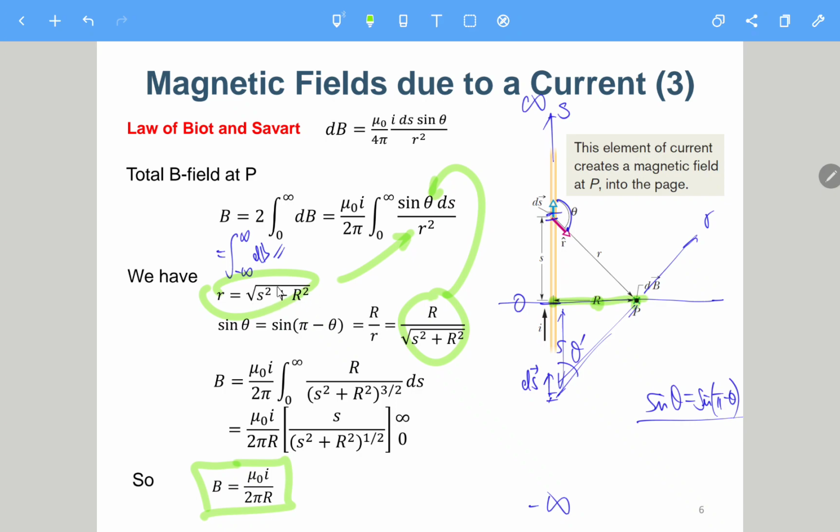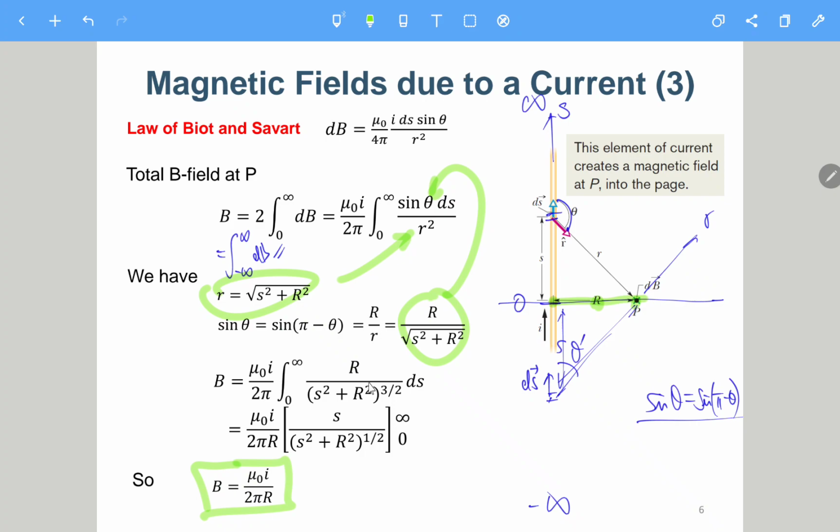We have the sum of squares to the 3 over 2 power in the denominator, and in the numerator we only have capital R. So this function only has s as a variable, and R is a constant, so we are able to integrate it.